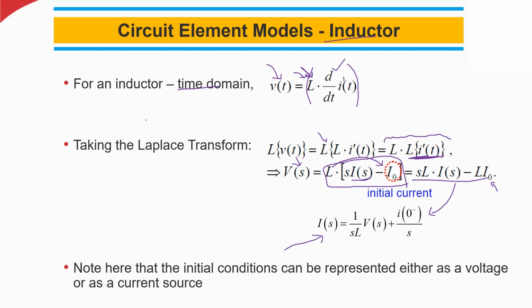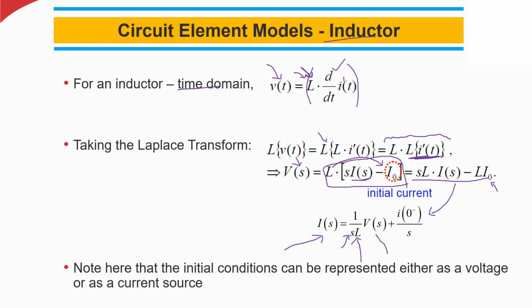Whenever we talk about the inductor, we talk in terms of the current. I of S, the current flowing through the inductor, is equal to 1 divided by S times L. S is the S domain representation variable, and L is the inductance value.